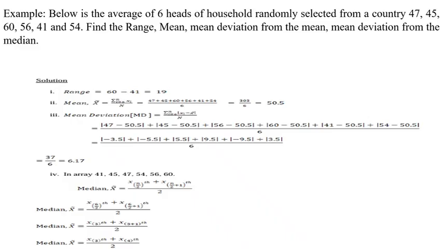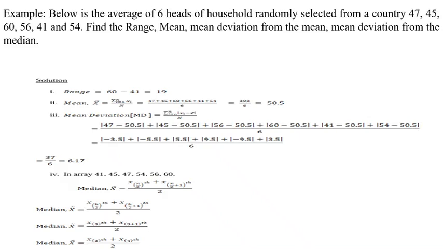Then we estimate the mean absolute deviation, which is summation, i ranges from 1 to n, of absolute value of xi minus x bar, all over n. That is each sample point minus our x bar, then we take the absolute value of it. The first one is the absolute value of 47 minus 50.5, plus absolute value of 45 minus 50.5, plus absolute value of 60 minus 50.5, plus absolute value of 56 minus 50.5, plus absolute value of 41 minus 50.5, plus absolute value of 54 minus 50.5, divided by our number of observations, which is 6.